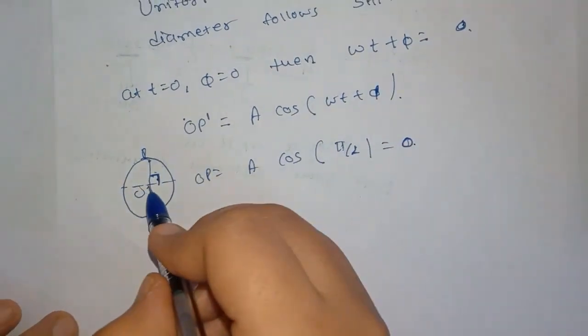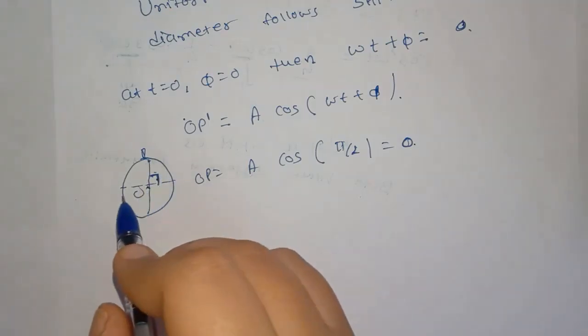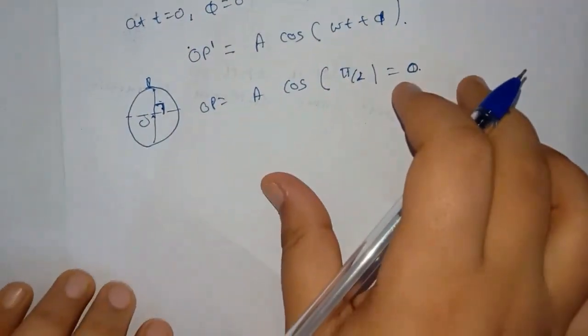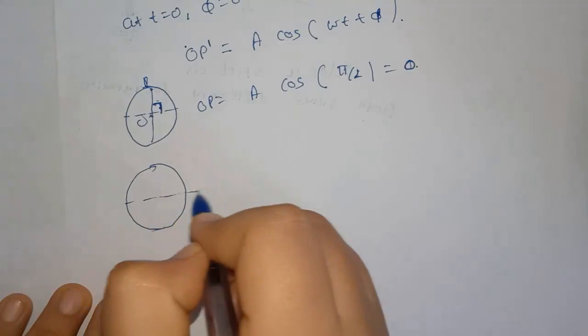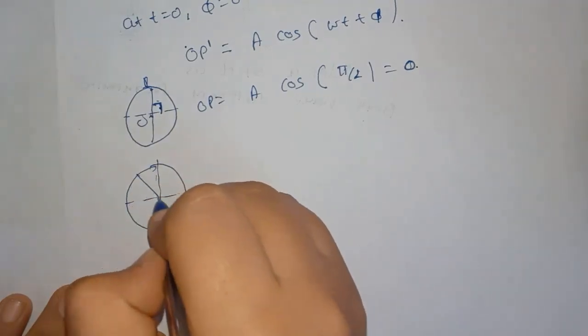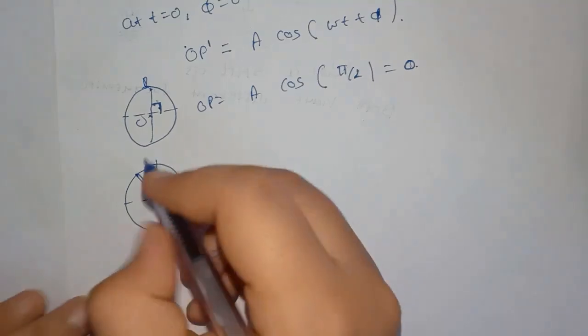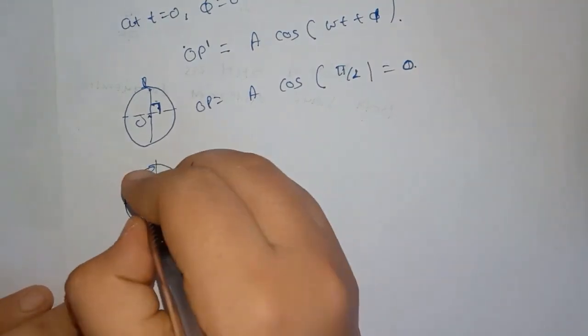So its projection will have zero length and it will be at the center of the circle. Now as we move into the second quadrant, at any time instant t, this angle will be omega t plus phi.